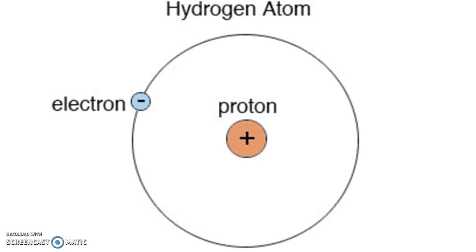It has 1 electron. Remember, electrons have a negative charge. So if I have a positive 1 and a negative 1, that means the charge of the entire atom is 0.